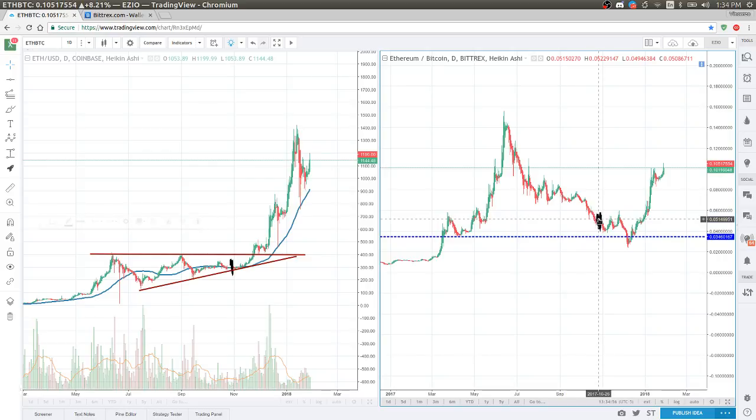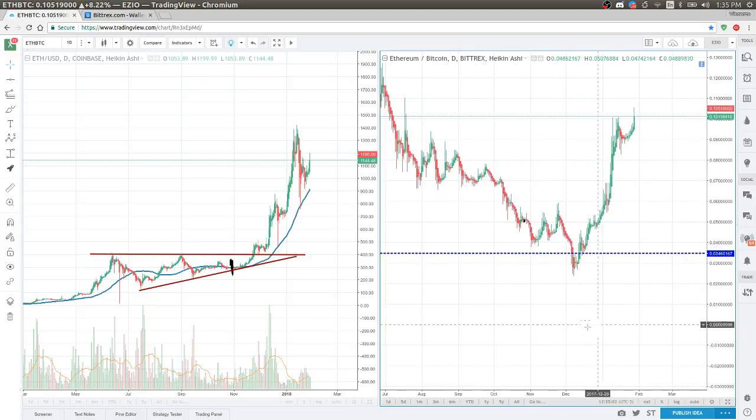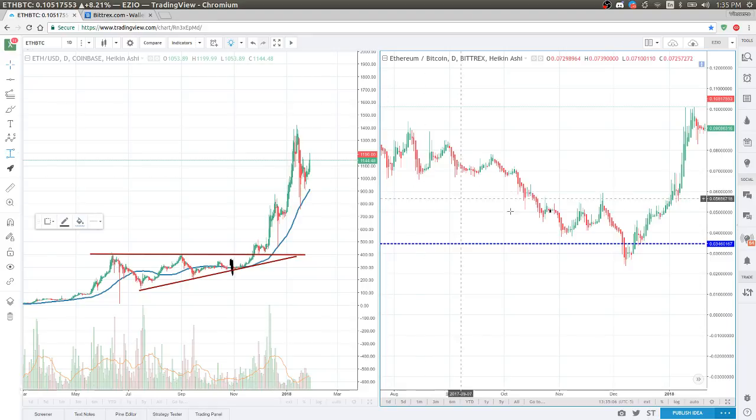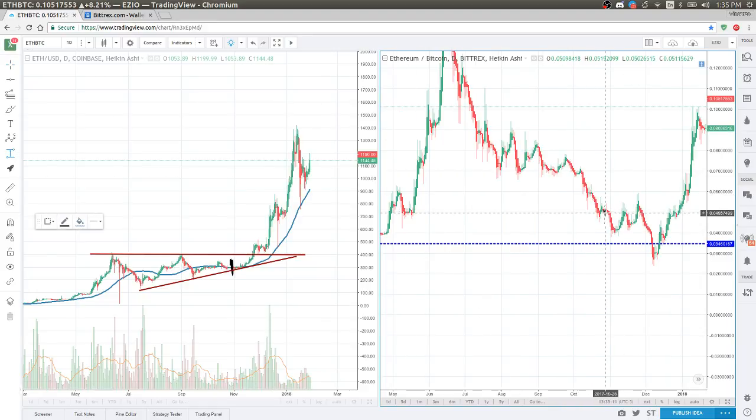So remember, this is a 1-day chart, so those percentages are pretty big. From this point down, if I thought right here that Ethereum could go down, even if there is some resistance here, but I'm just making an example, how much would it have been? 30%. Which is a huge amount for people that are holding Ethereum.